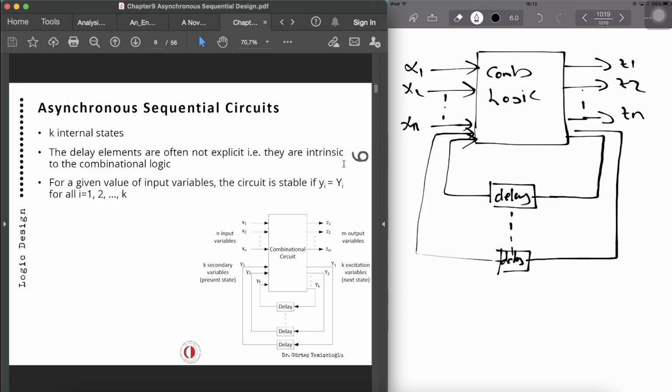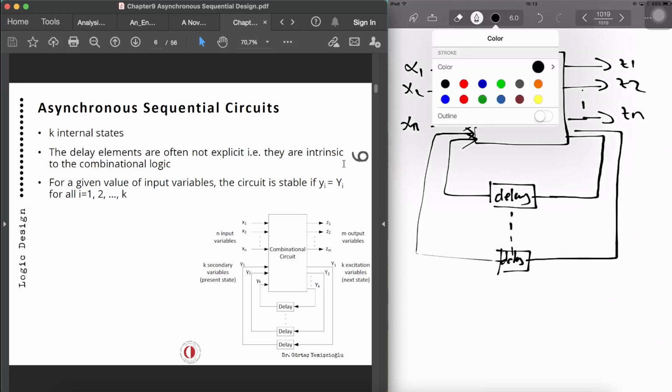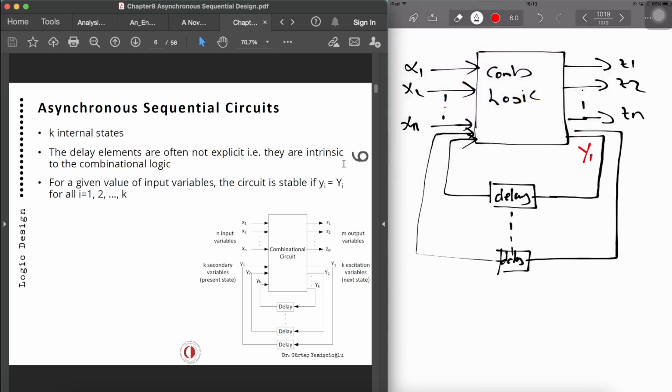And they're not explicit, they're intrinsic to the combinational logic, and we can have a given number of input variables, and we can have the circuit stable if the present state and the next state match. So let's say the outputs over here are capital Y1 through capital Yk, the next states, and the present states are small y1 through small yk.